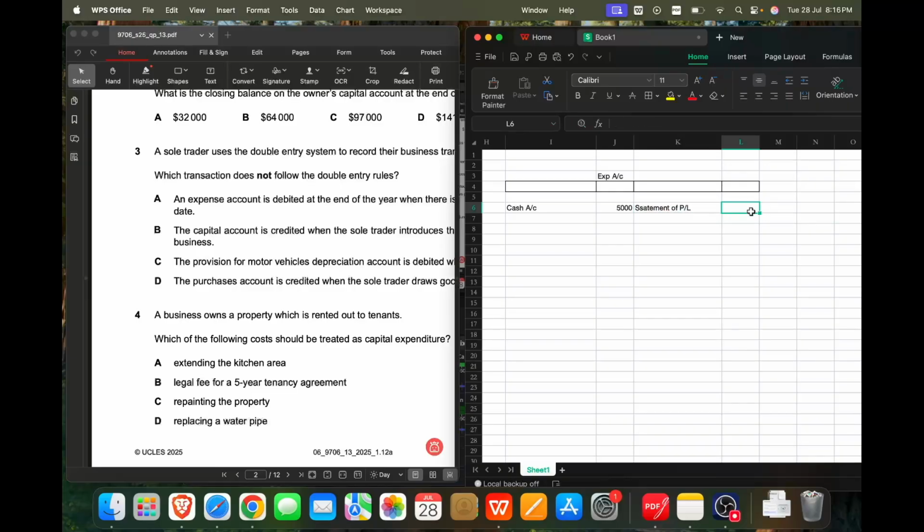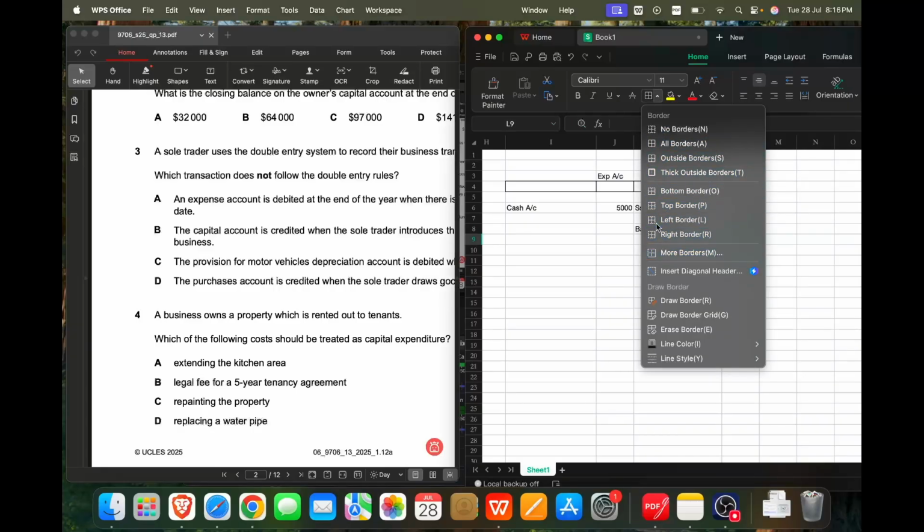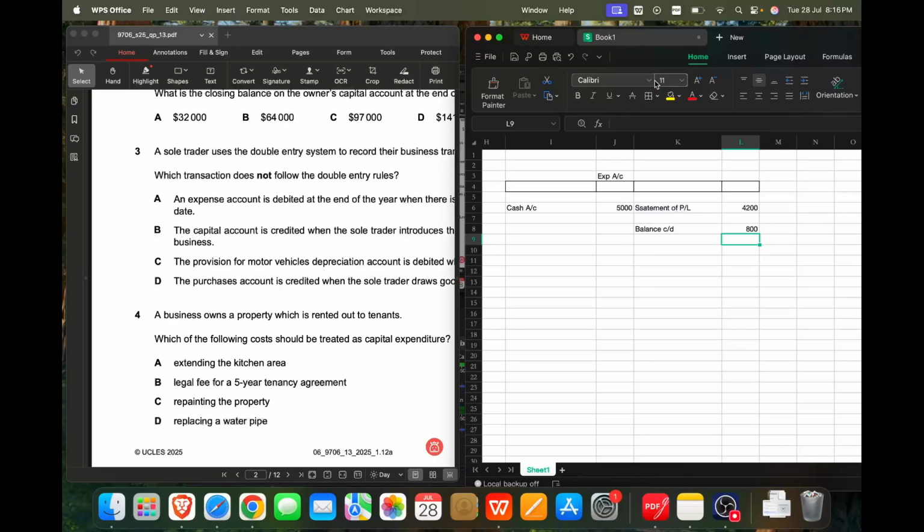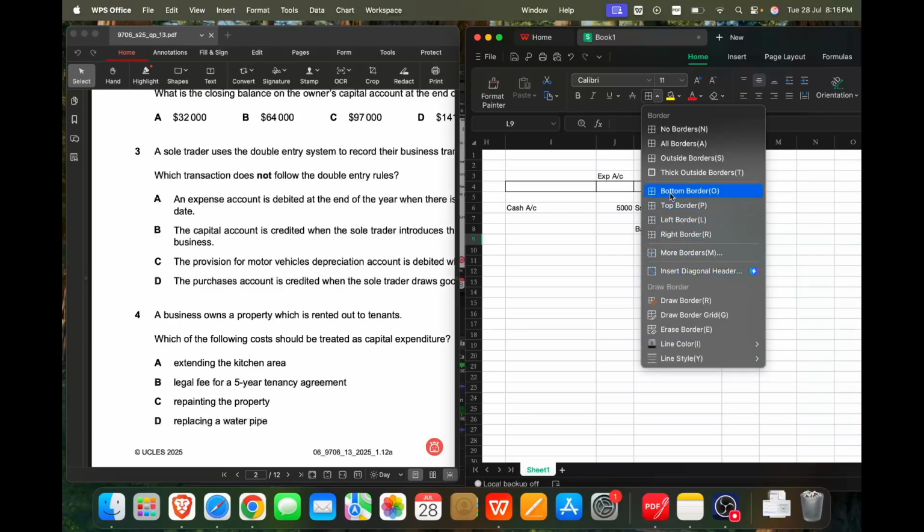Okay, 4,200. And the remaining amount will be there in this account as balance c/d. Balance c/d of 800 here. And then we'll make the total, top and bottom.